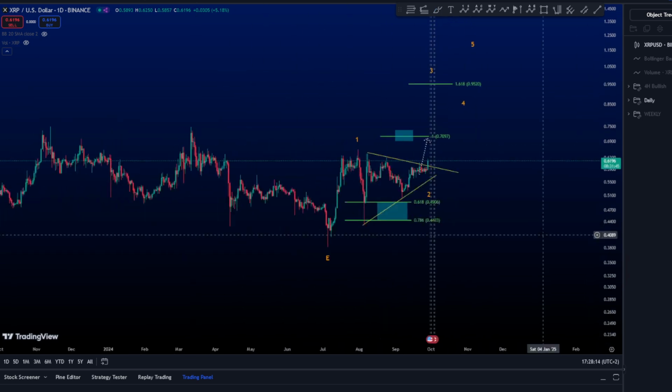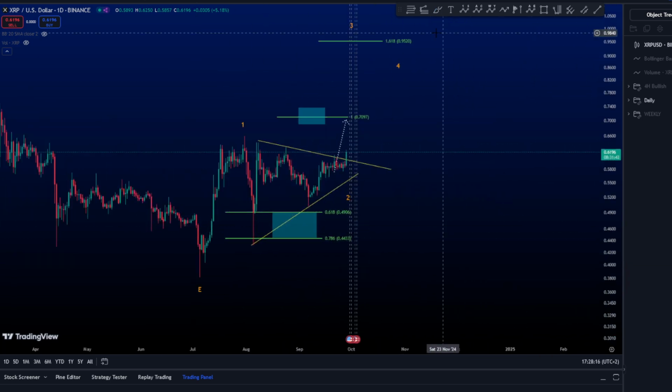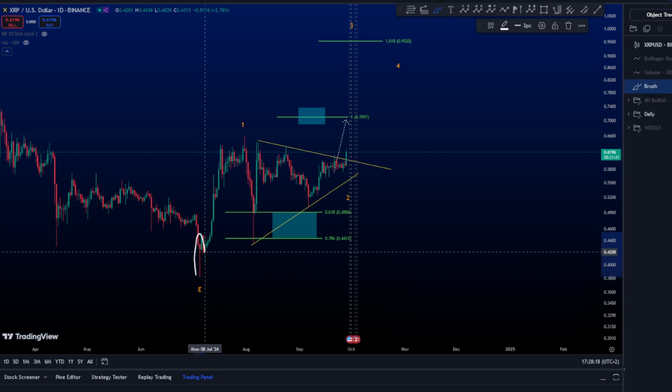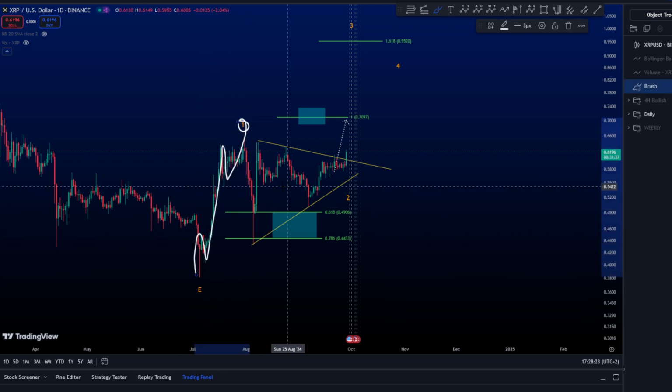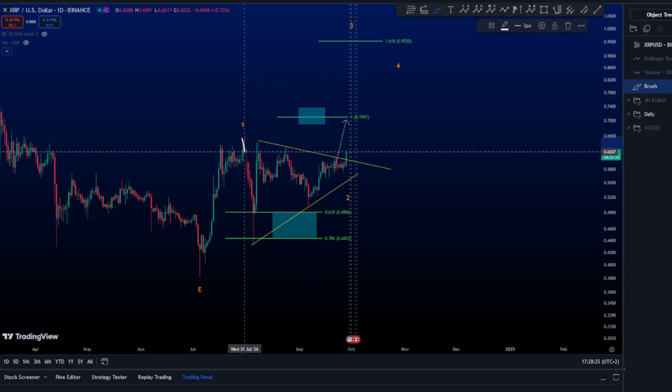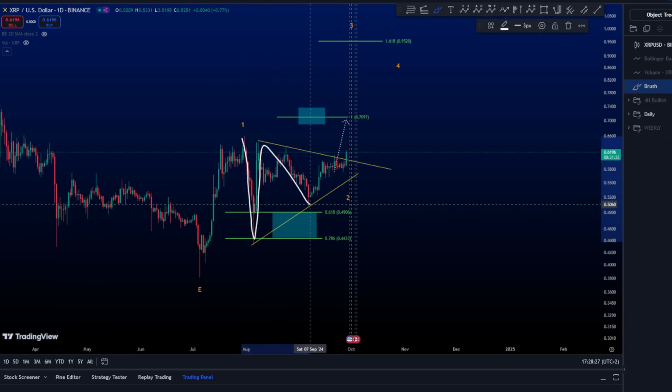And if we look further inside this zone, we can see, of course, a clear impulse 1, 2, 3, 4, and 5, finishing a wave 1, looking for a wave 2 after having a second small triangle here where we can see A, B, C, and D, and E.